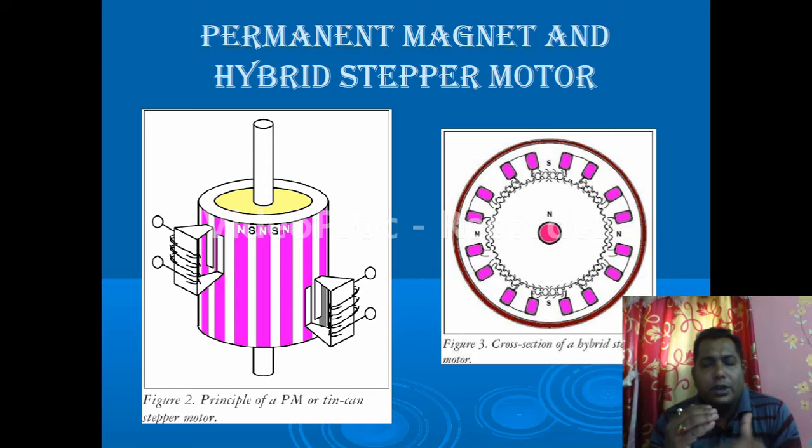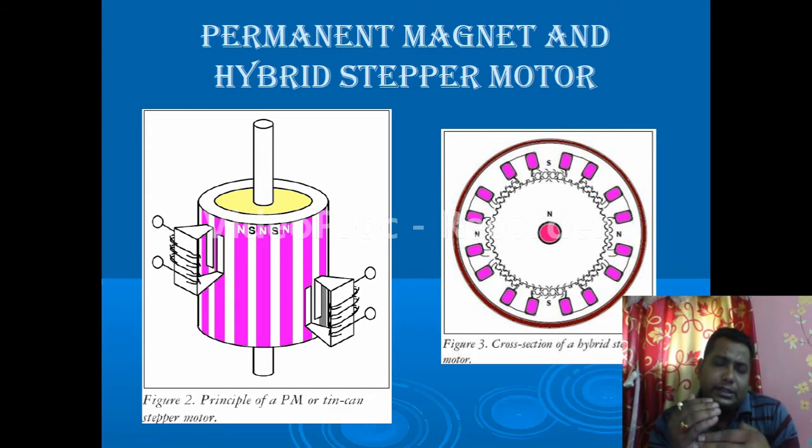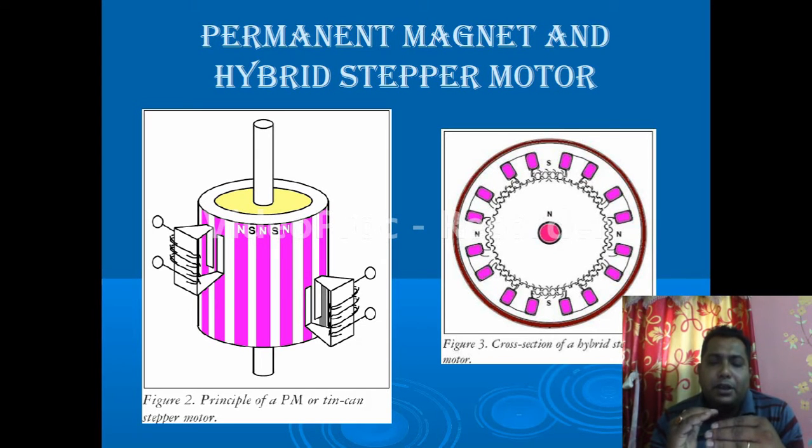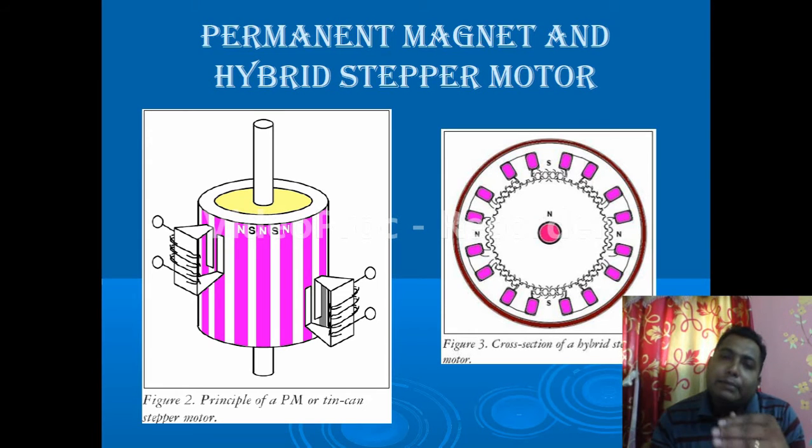The location of these two, stator and rotor, is like this, for understanding. So this is the stator slot and the rotor slot. Now when we give supply to this stator electromagnetic section, what will happen? When we give supply, at that time it will become a magnet.